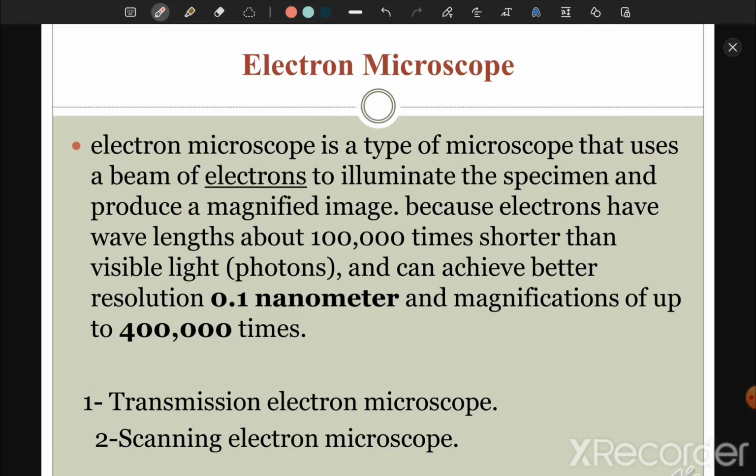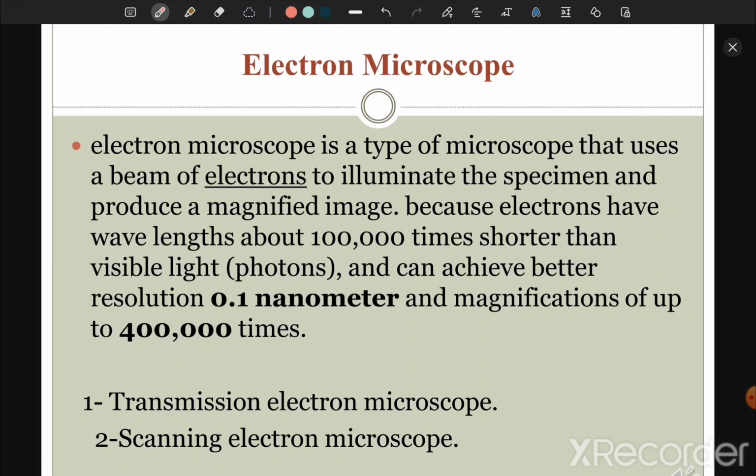The main idea is that in the electron microscope, you need very thin tissue sections to be examined, unlike under the light microscope. And for these very thin sections, you need a different type of hardening or embedding material.